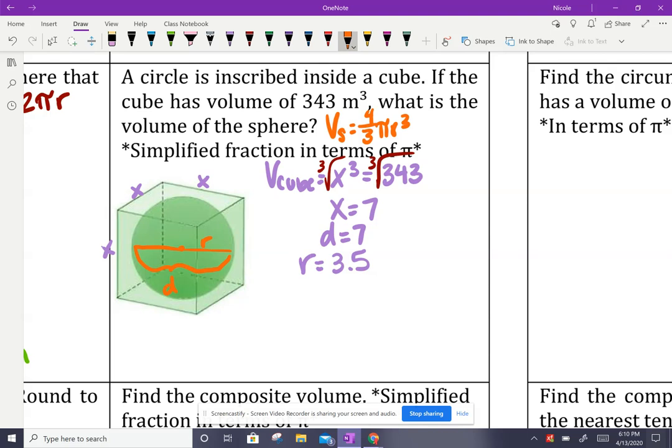So now we take a look at finding the volume. The volume of our sphere is 4/3 pi times our radius 3.5 cubed. 3.5 cubed is 42.875, times 4 divided by 3 gives us a lovely fraction that I do not want.